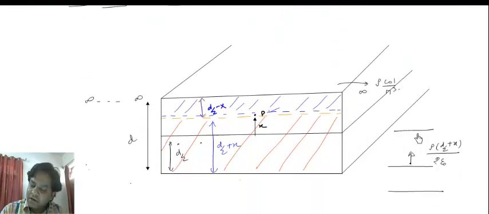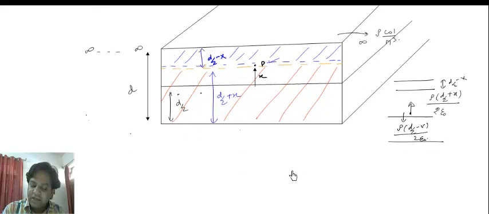And due to this thinner slab of thickness d by 2 minus x, the electric field at this point P will be in the downward direction. That will be rho into d by 2 minus x, divided by 2 epsilon naught. So the net electric field at this point P will be the vector sum of these two.